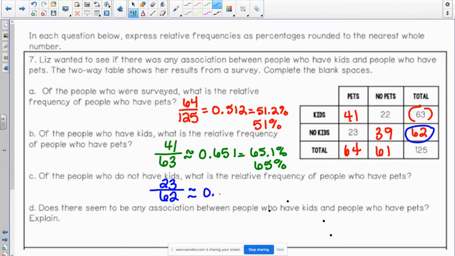Decimal is 0.37, and it's 0.9, so that was going to round it up to a 1. So 371 thousandths. Move the decimal over twice would be 37.1%, and then I want it as a whole number percent. Since the 1 is less than 5, it doesn't round it up, so it's 37%.